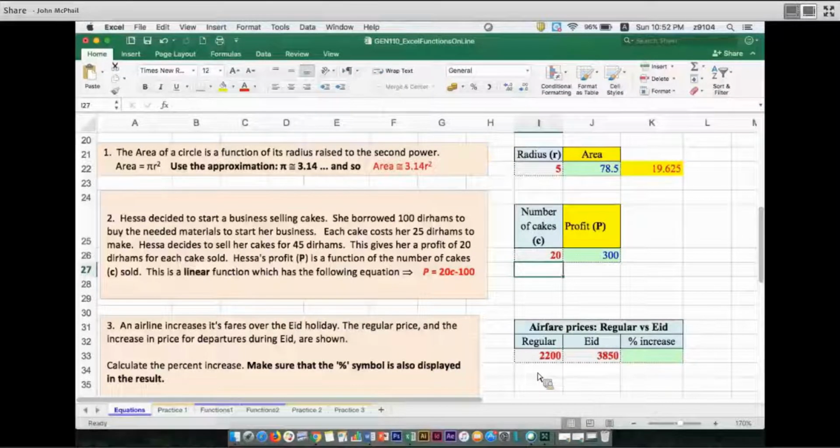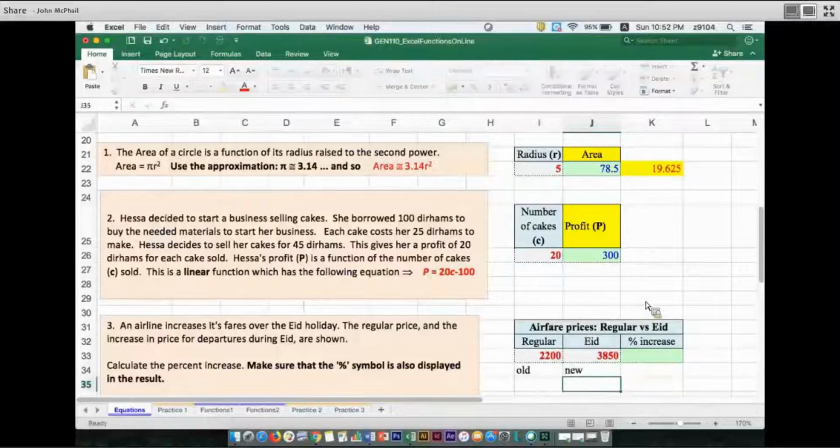Percent change. We have an old fare, and then the airplane fare goes up to a new fare over a holiday. The percent change, you remember how you might compute this? New minus old. You find the difference in the fare, the change, and you compare it to the old. You divide by the old.